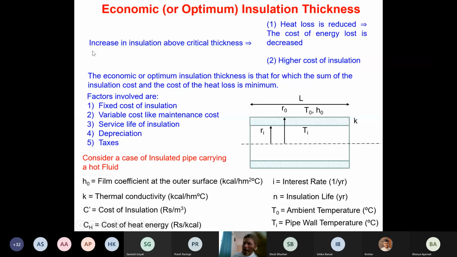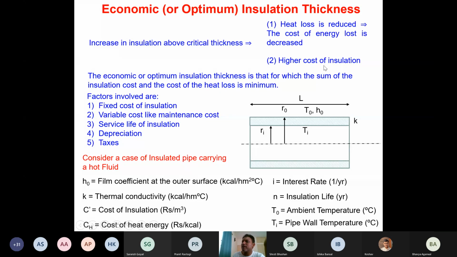Before we start looking at the analysis, if we increase the insulation thickness above the critical thickness, the heat loss is reduced. And as the heat loss is reduced, obviously there is a saving in the energy lost, and the cost of energy lost is also decreased. But at the same time, the insulation cost is increasing.